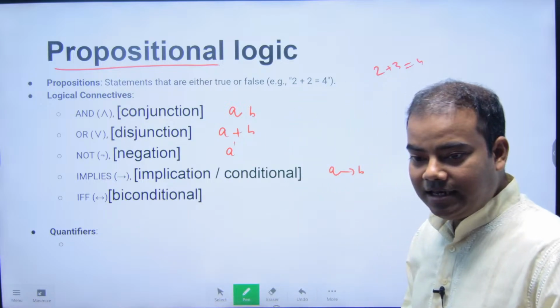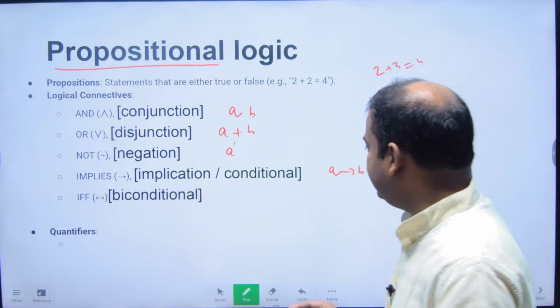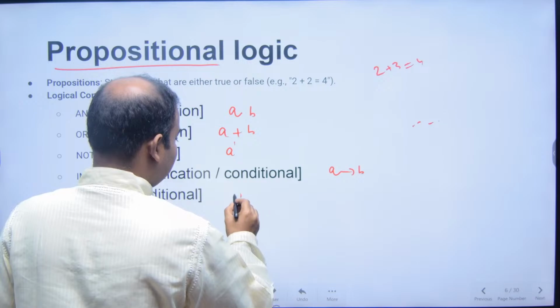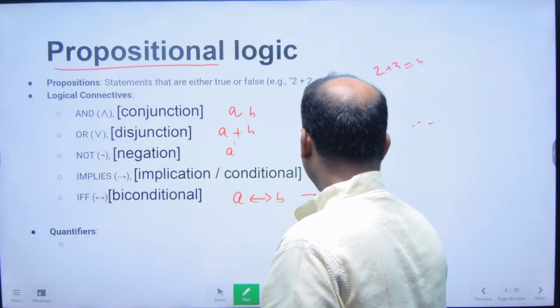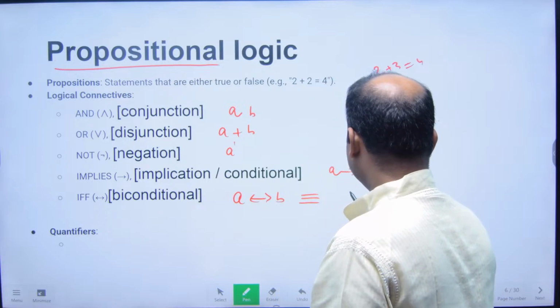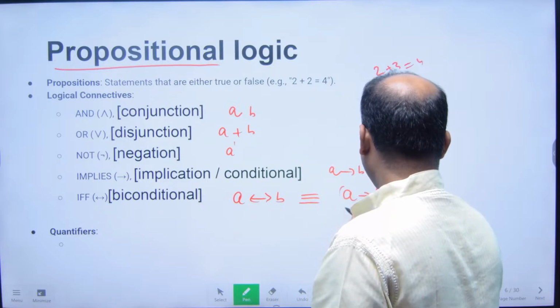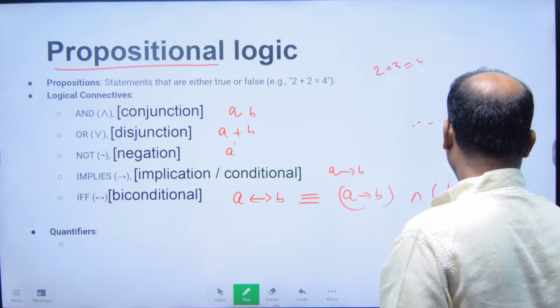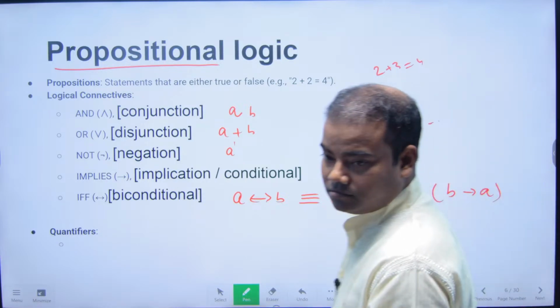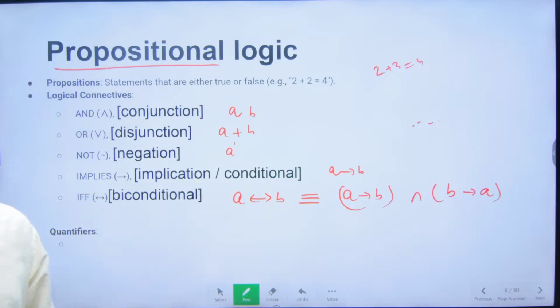What is biconditional? Biconditional means this is equivalent to: if A then B, and if B then A. So what is the meaning of this? Both have to be true. Both should be the same, meaning both are true or both are false.